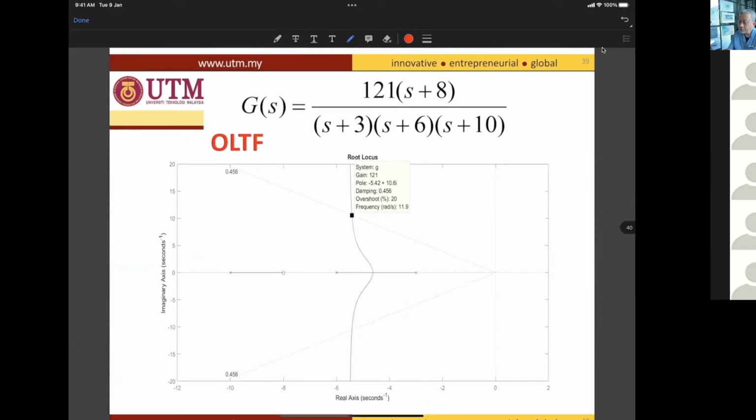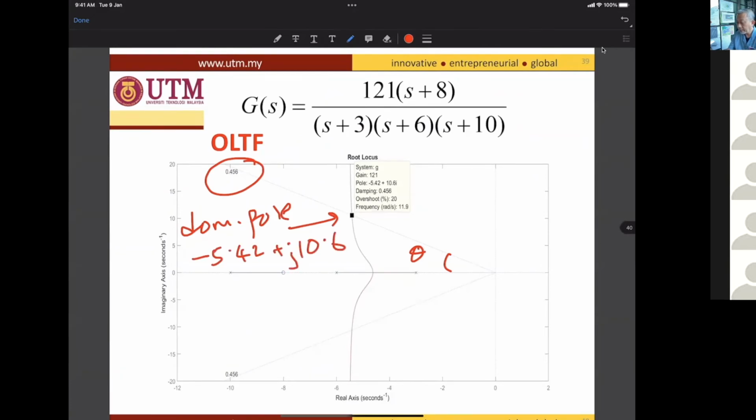So this is the plotting. This is your 0.456. This is the theta calculated by Benny. Okay, and then this is the dominant pole, which is -5.42 + j10.6, and the gain K is 121. Okay, so how to calculate gain K? I show you just now. Either using length 1, length 2, length 3, or using the K formula.